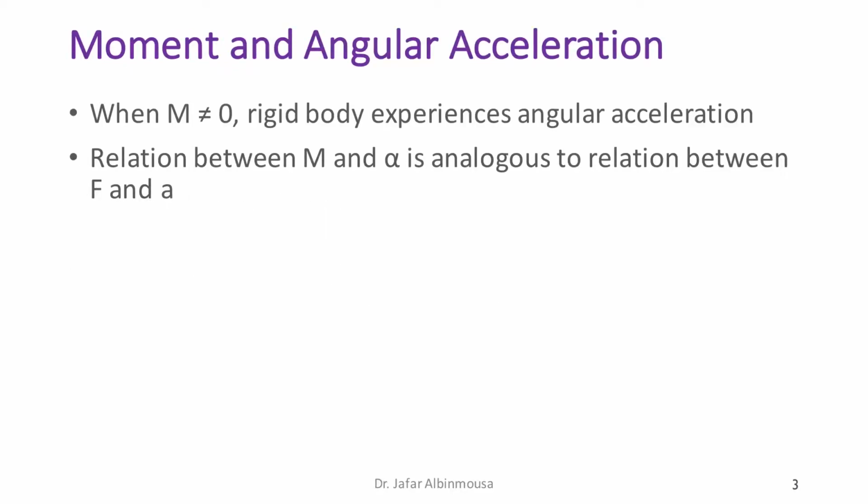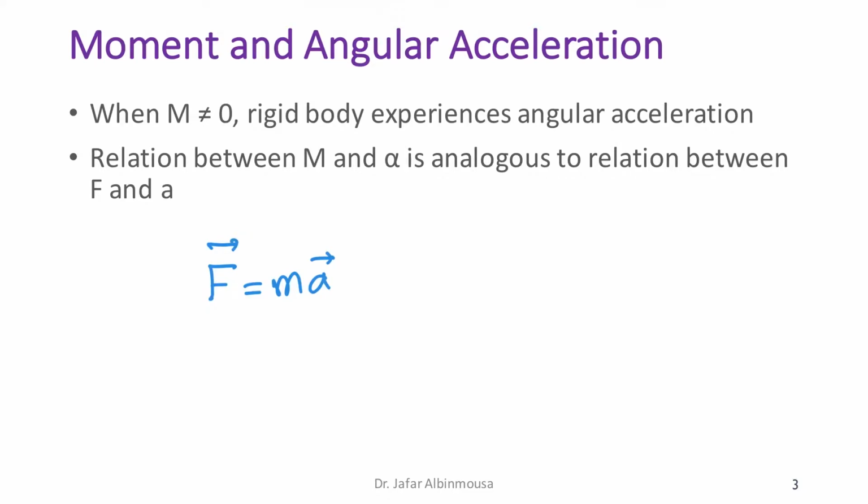When a non-zero moment is applied on a rigid body, this body would experience angular acceleration. The relation between the applied moment and the angular acceleration alpha is analogous to the relation between the force and acceleration. So the Newton's second law, F is equal to ma, so F as a force vector equals the mass scalar multiplied by the acceleration as a vector.